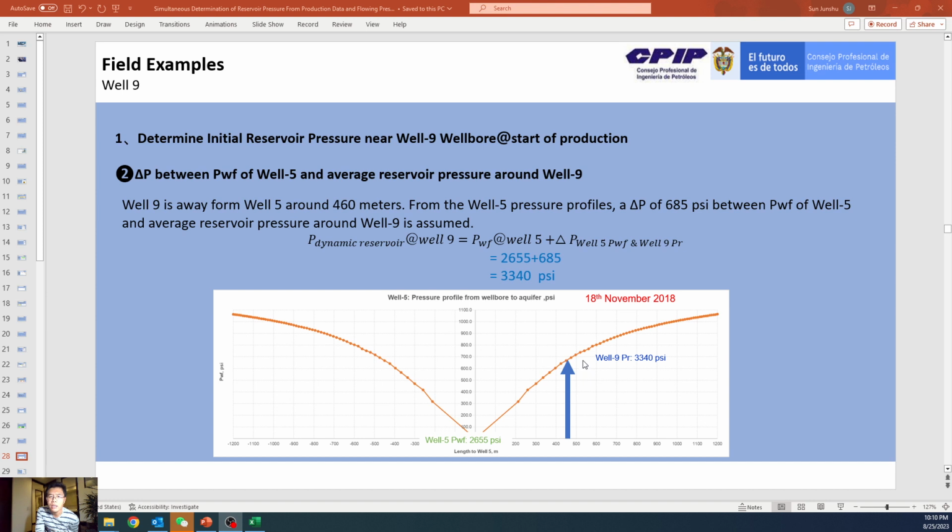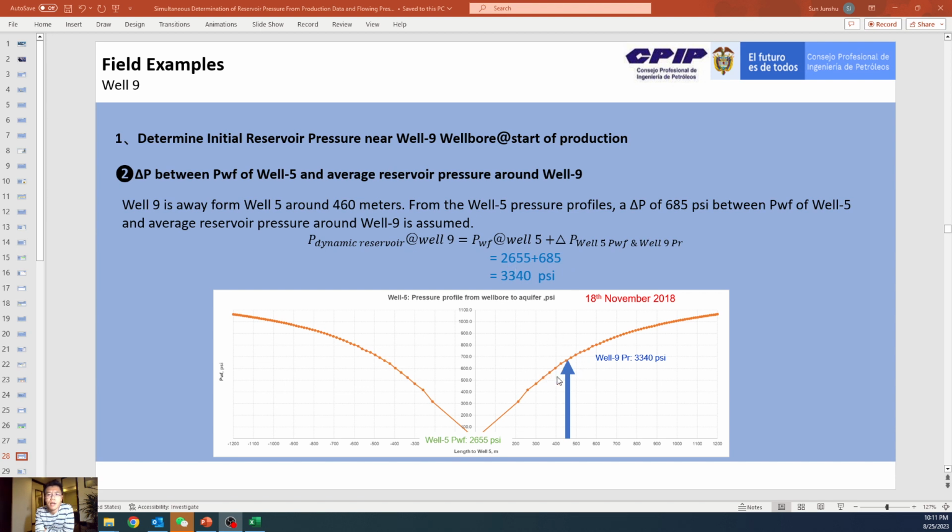So we can get, at the start of the production, the well number 9 average reservoir pressure equals the flowing pressure of number 5 plus the delta P, that is 2,655 plus 685 equals 3,340 psi.